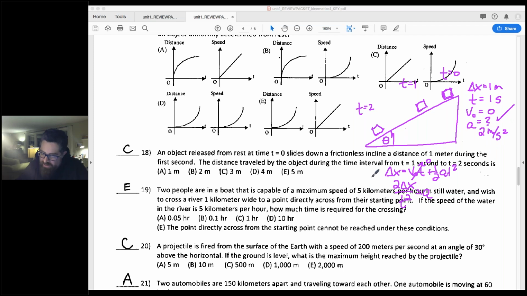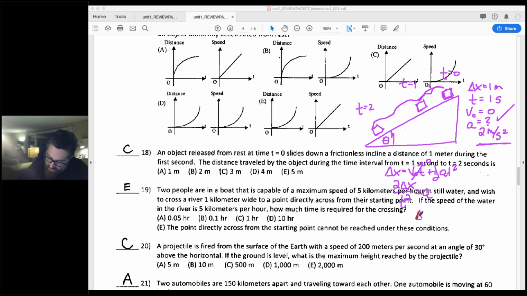Now, if it is accelerated at 2 meters per second squared, how far will it go in 2 seconds? I already know that this is 1 meter, but now I'm trying to answer what this distance is from 0 to 2 seconds. Let me do it in a different color so we don't mix this up.